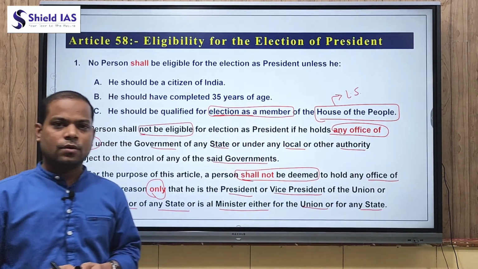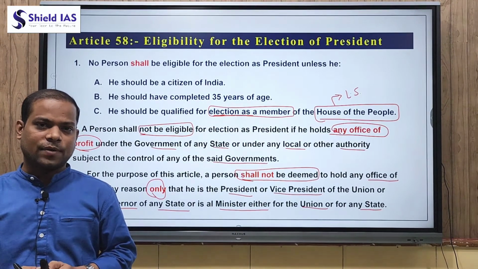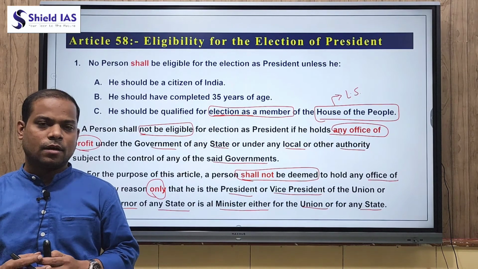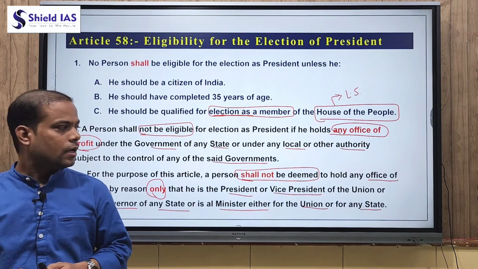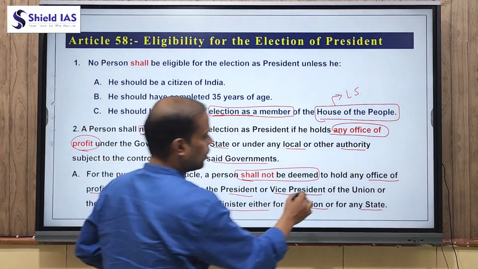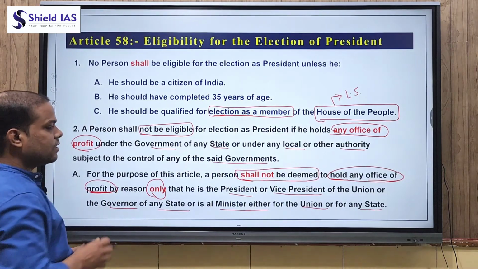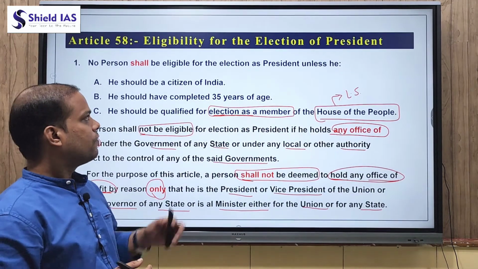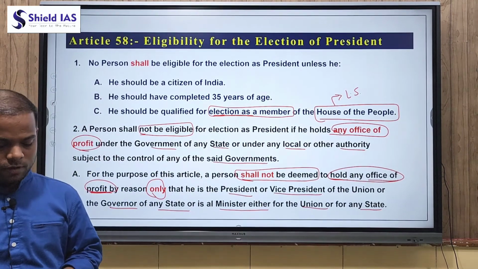If any person is already President of India, Governor of any state, or a minister of any state or center, he is not deemed to hold an office of profit. So this is the exception related to eligibility for the election of the President of India.